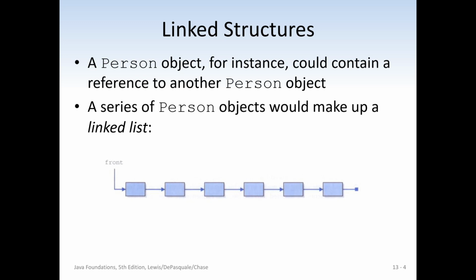Typically with a linked list, you have an initial reference, which is called the front of the list, or sometimes the head reference. There are actually a lot of different kinds of linked lists, but in this case, the linked list is terminated with a null reference. So the last item in the list has a null reference.